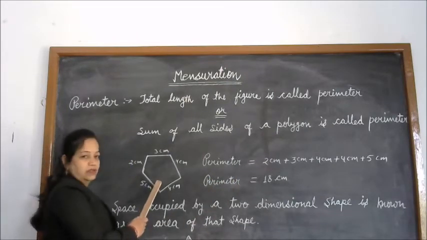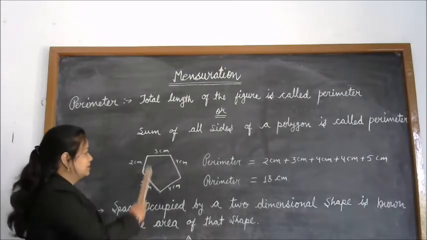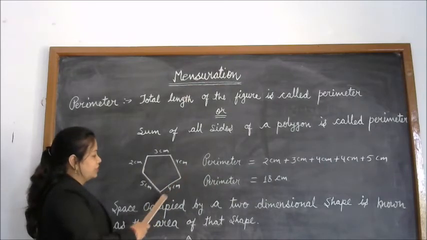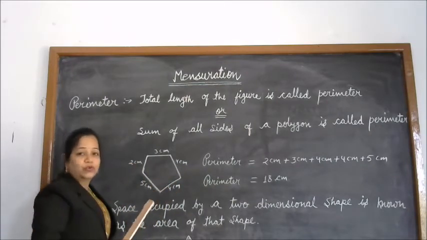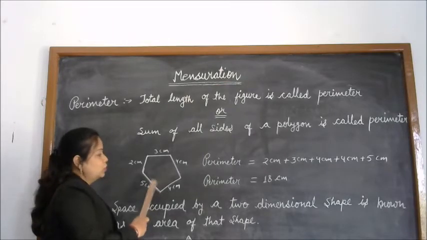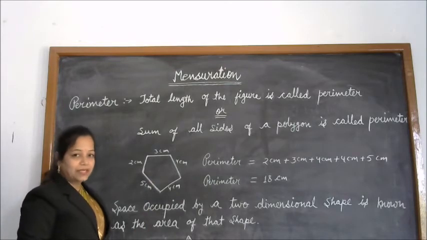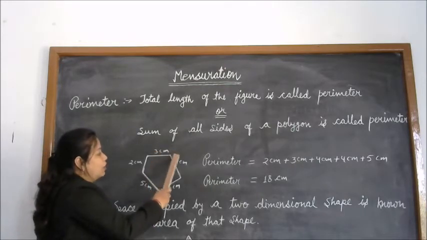Suppose we have a pentagon over here and these are the lengths of different sides of this pentagon, and we want to calculate perimeter of this pentagon. So for calculating perimeter of this pentagon, we have to add all these sides.